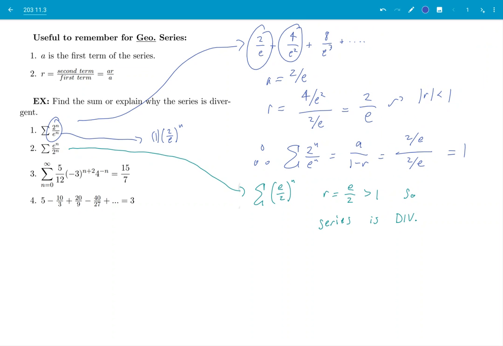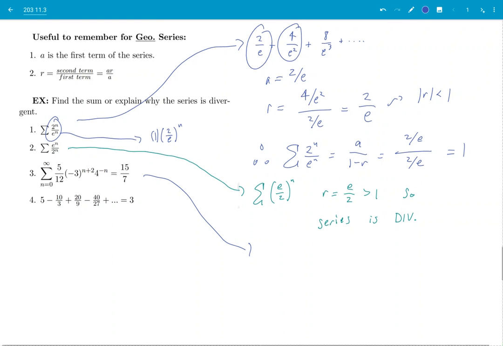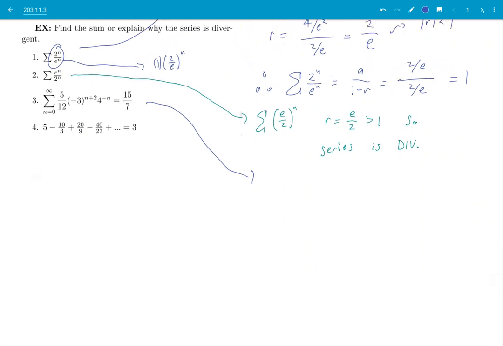Okay, about number 3 here. Where should I do that? So let's just go over here. Now I look at this big mess, and you could simplify. I want to put that as an exercise.